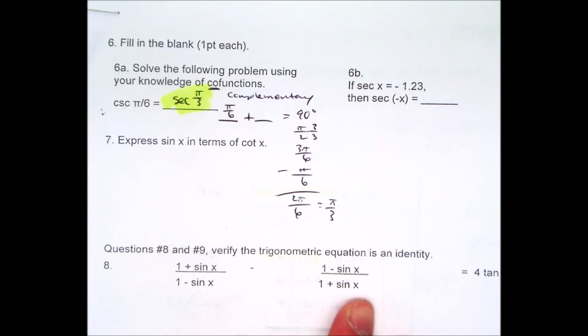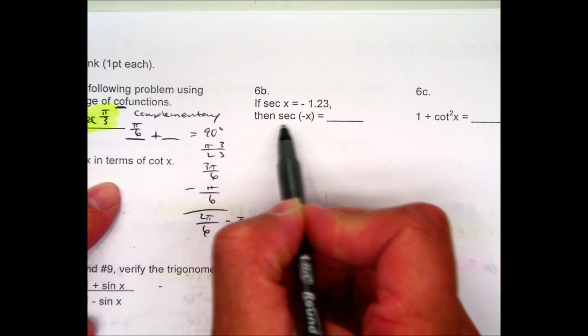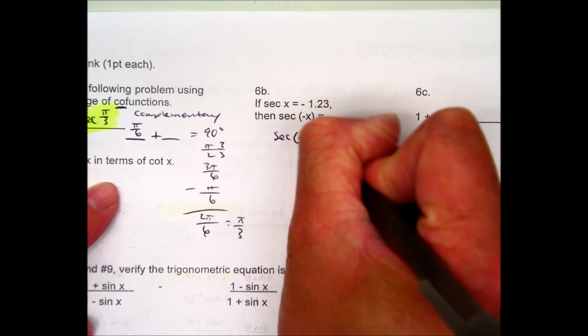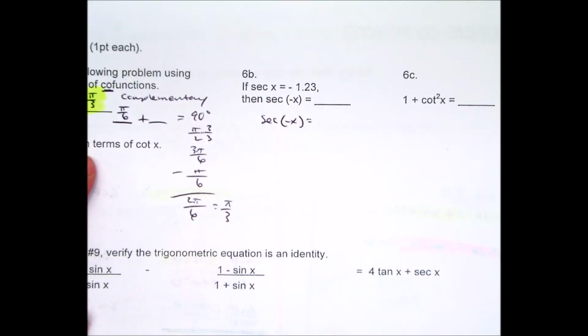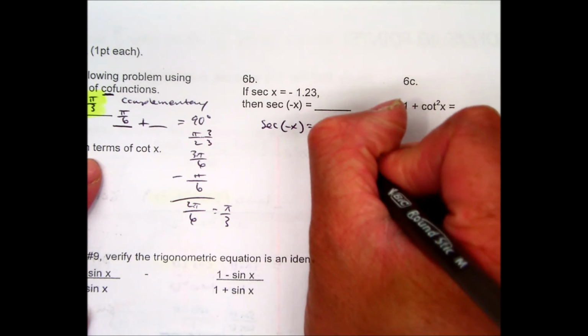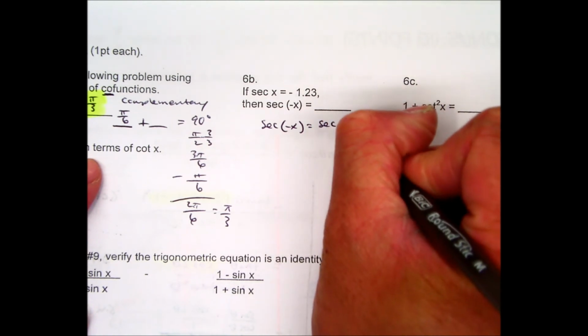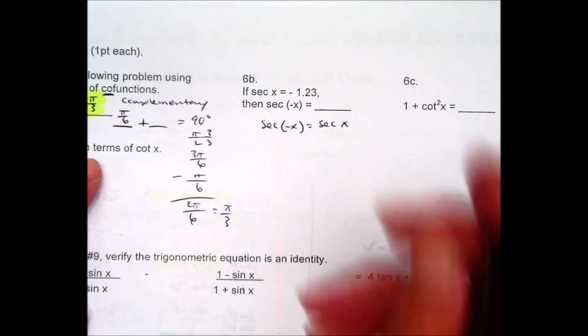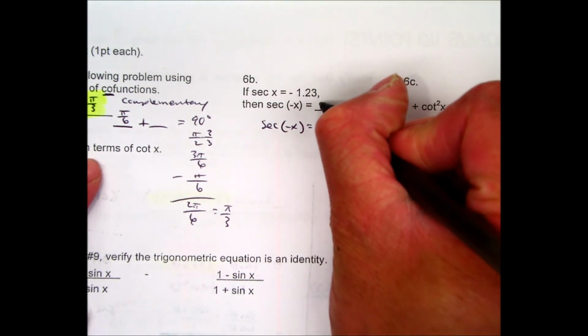Question number 2, 6b. If secant of x equals negative 1.23, then secant of negative x. Well, if you write down secant of negative x, where's that negative sign go, class? It disappears. So you can just type in, so this problem, the answer is negative 1.23.